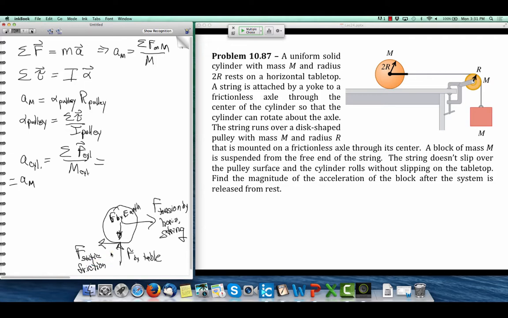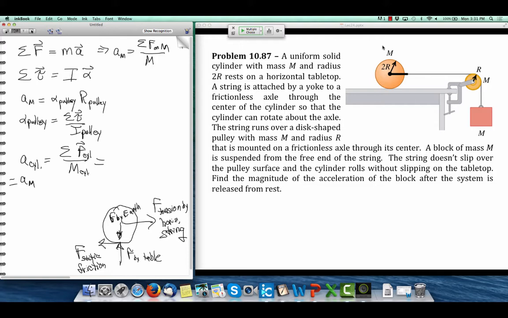So that's a friction force by the table on the cylinder to the left. In fact, that's what causes it to rotate.